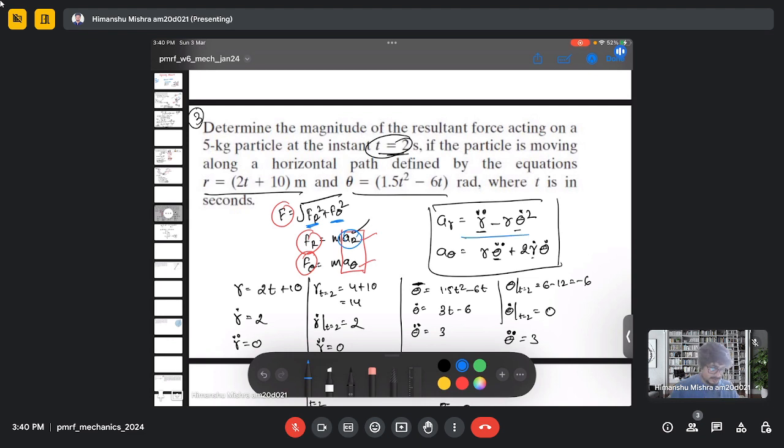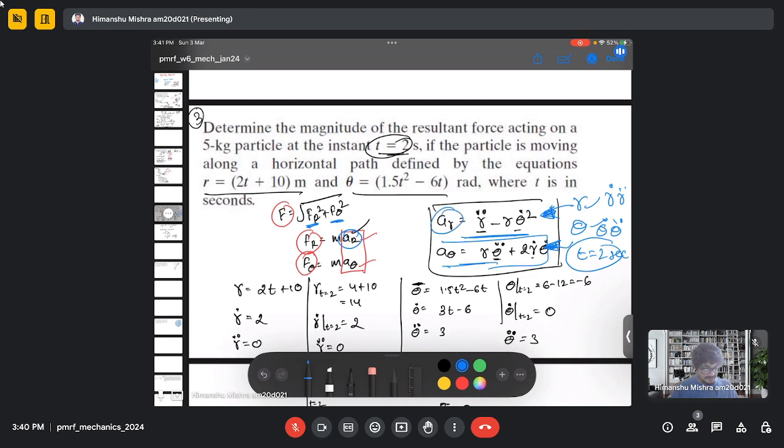The a r is given by r double dot minus r theta dot square, and a theta is given by r theta double dot plus 2 r dot theta dot. Since r and theta are given, by differentiating them with respect to time we can calculate r dot, r double dot, theta dot and theta double dot. And at time t equal to 2 seconds, we plug these quantities into the expressions.